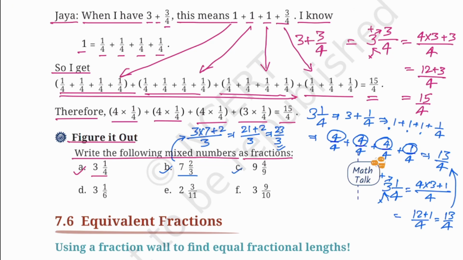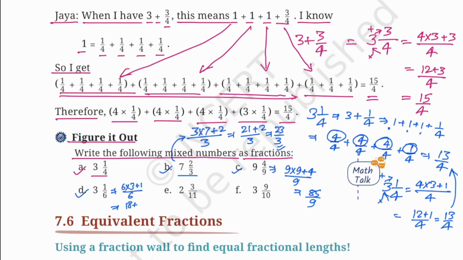C. 9 whole 4 upon 9. 9 into 9 plus 4 upon 9. 85 upon 9. D. 3 whole 1 upon 6. 6 into 3 plus 1 upon 6.